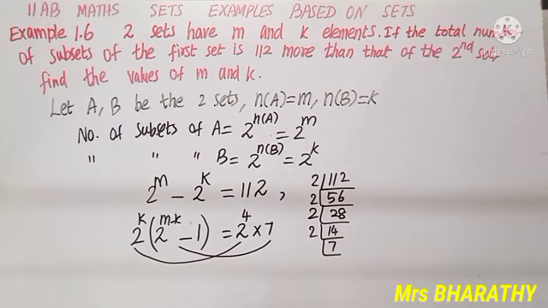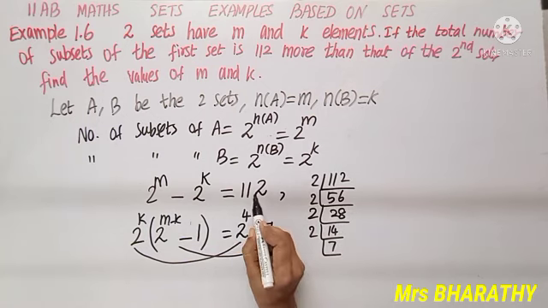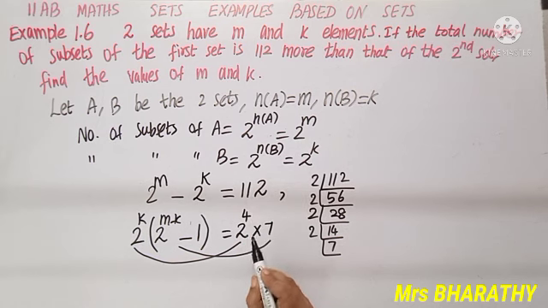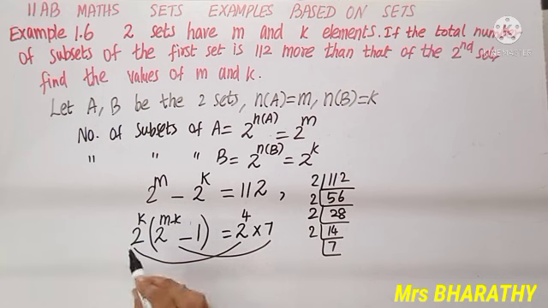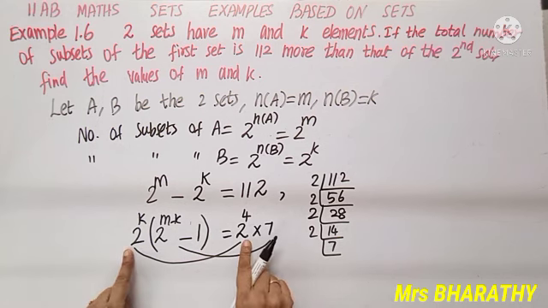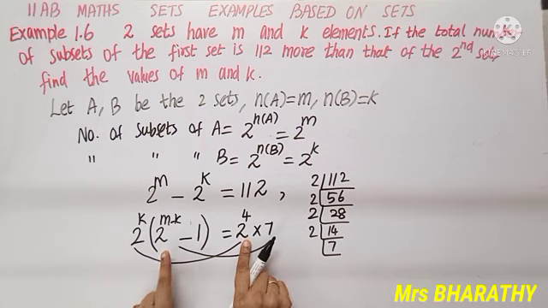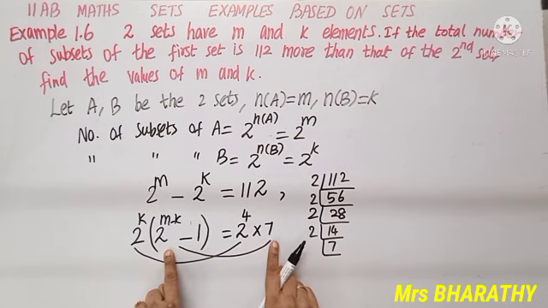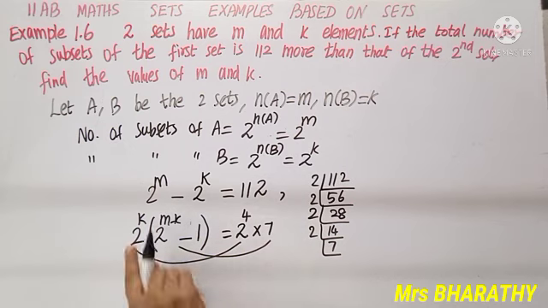It's a little tricky question. We just guess, because this is 2 power 4 into 7, the RHS. That is the only way of writing if I represent it as powers of 2. Here I have like this. So let us compare. 2 power k I compare with 2 power 4. 2 power m minus k minus 1 I compare with 7. As I compare, I get k value 4.